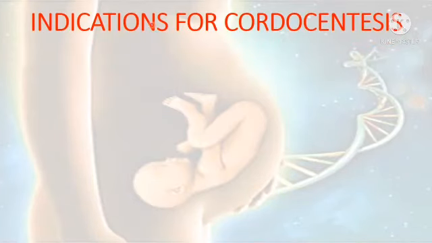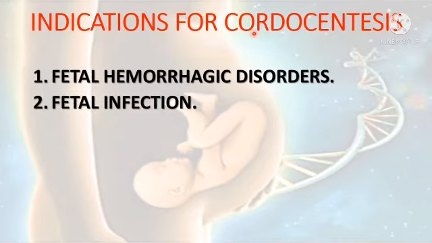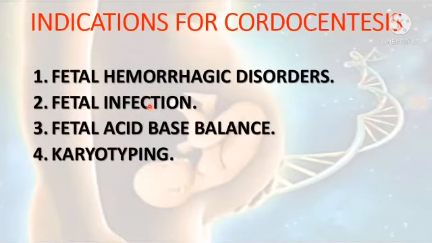Again, there are some indications for cordocentesis, like fetal hemorrhagic disorders, sickle cell anemia, thalassemia, etc. Fetal infections like toxoplasma, rubella, syphilis, etc. Fetal acid-base balance is very important in cases of severe growth restriction.